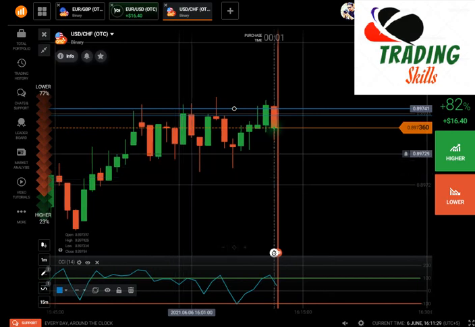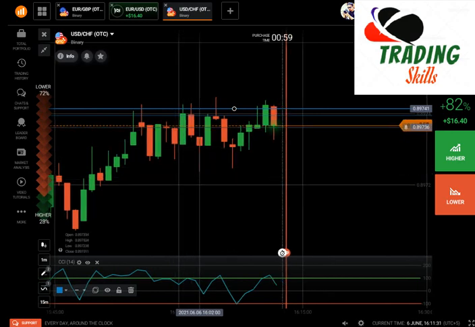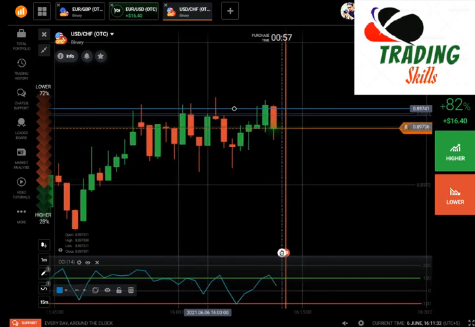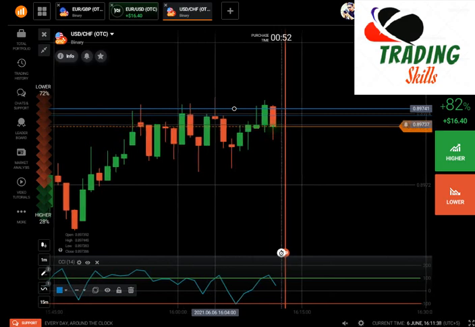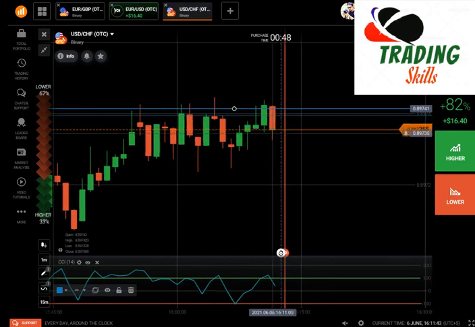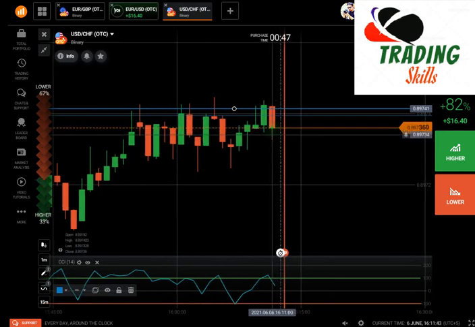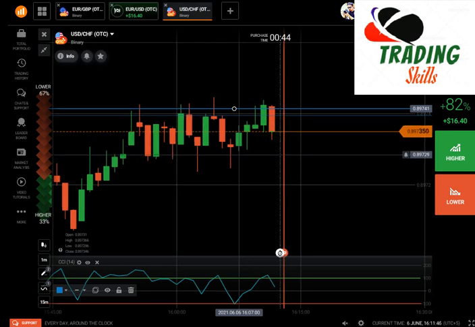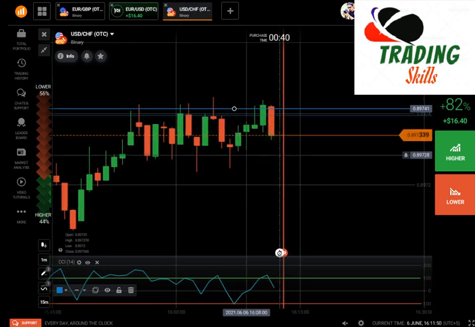So now if I want to analyze the market here, I'm seeing here a buyer's rejection in this zone, so I will wait. Right now sellers are strong, buyers are weak.